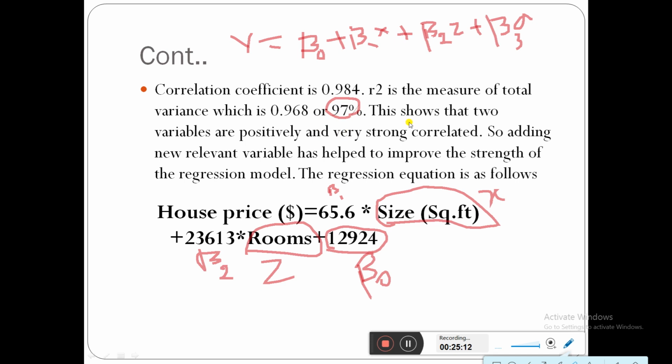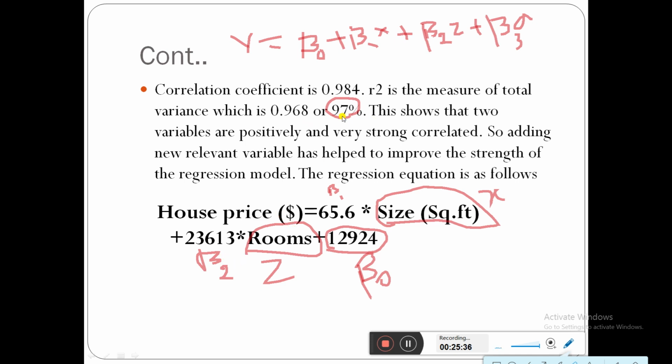See here, for the number of rooms, the variance is 97%, meaning both are interrelated. The relationship between the number of rooms and the house price is 97%. Both are related 97%. So this establishes a positive and strong relationship between those two variables, so we are going to add it.